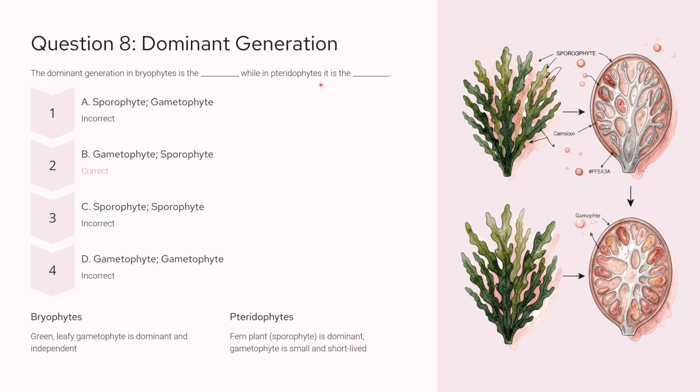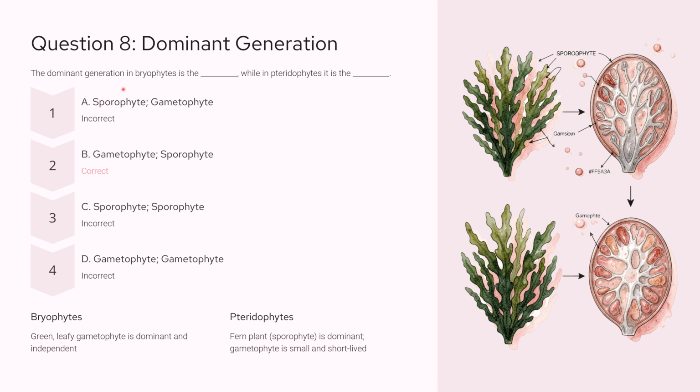Question 8. Dominant generation. The dominant generation in bryophytes is the dash, while in pteridophytes it is the dash. Option A, sporophyte, gametophyte. Option B, gametophyte, sporophyte. Option C, sporophyte, sporophyte. Option D, gametophyte, gametophyte. And the correct option is option B, gametophyte, sporophyte.